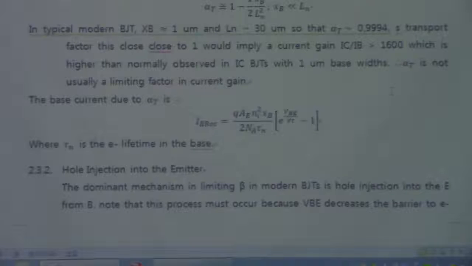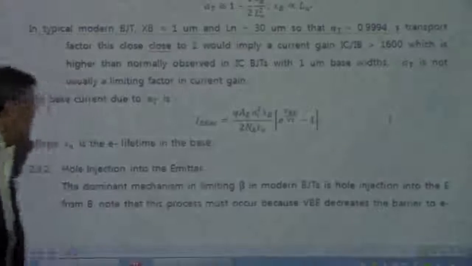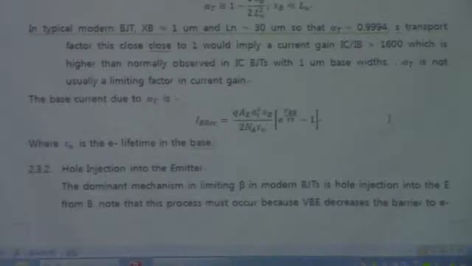It means the transport number is almost 1. We are not going to lose any injected electrons in the base. That's what it meant. Okay, the base current is going to be something like that, and here we have the lifetime of the minority carriers in the base.